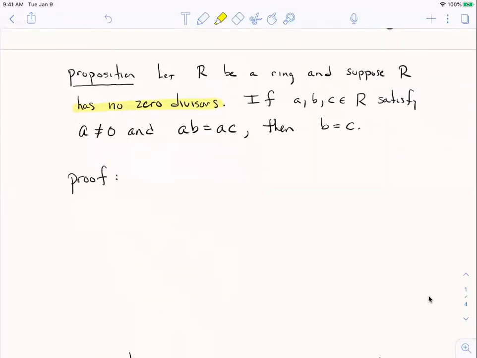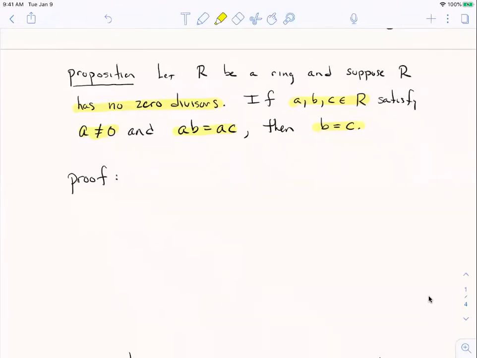And then I could say the condition that R has the left cancellation law. So what do I mean by that? If you take 3 elements, one of them A not 0, and AB is equal to AC, then B is equal to C. So even though A might not be a unit, A might not have an inverse, you can still left cancel it.